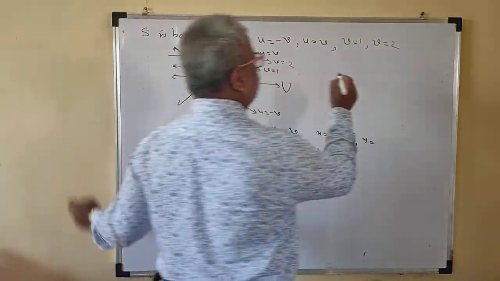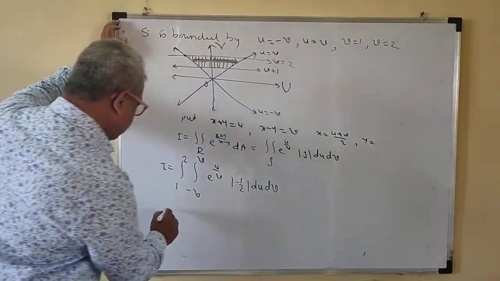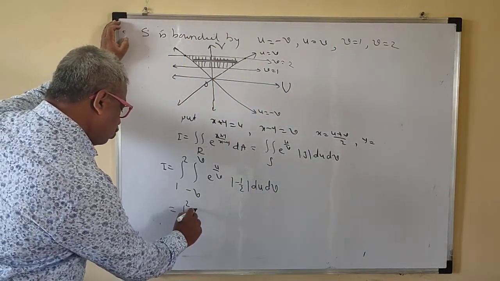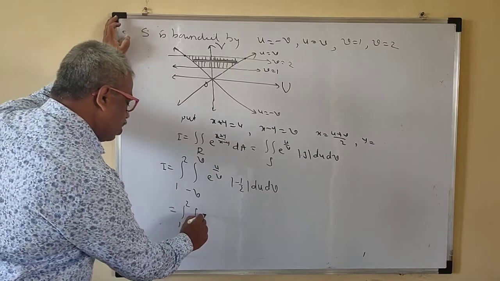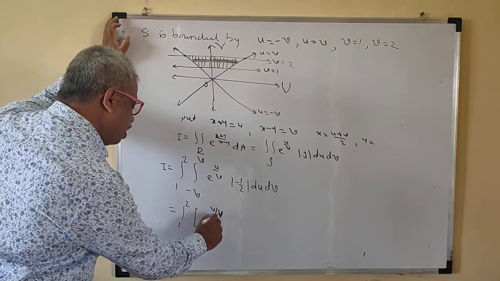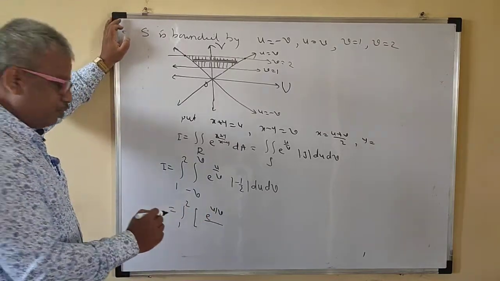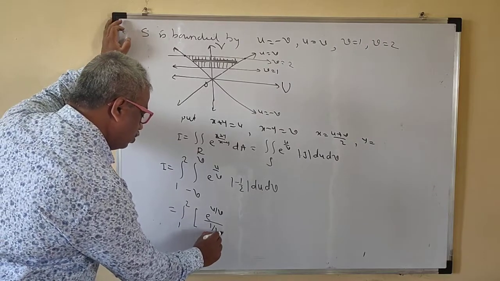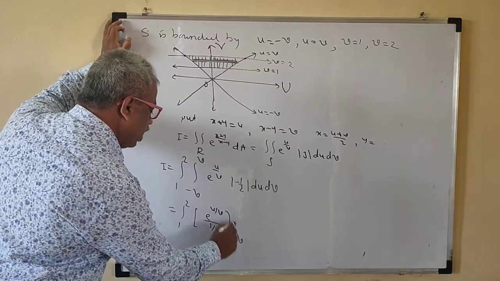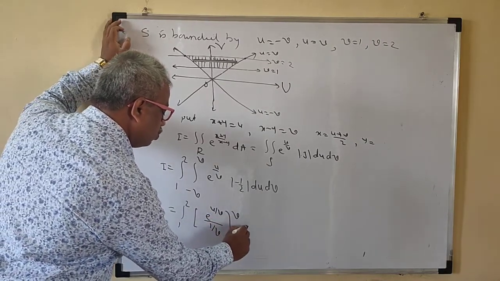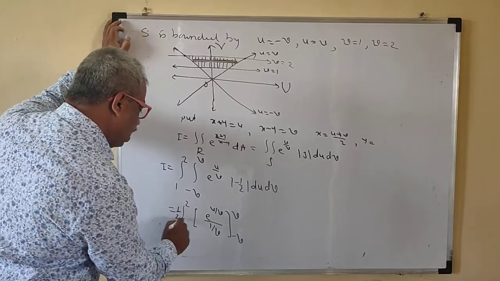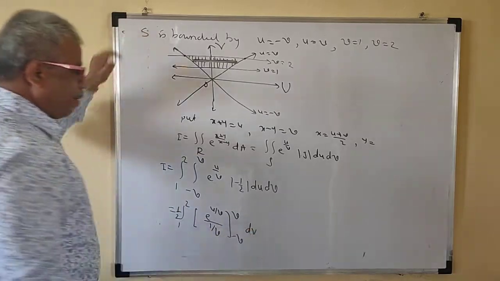Now we will integrate this. So this is equal to the integral from 1 to 2. We integrate e raised to u upon v, divided by the coefficient of u, which is 1 upon v, from minus v to v. I can take half common here, then dv.